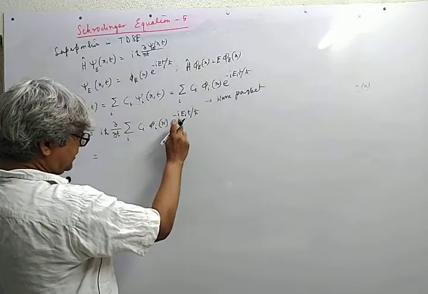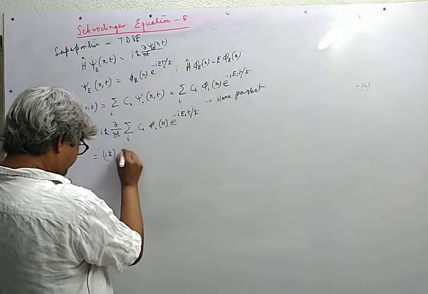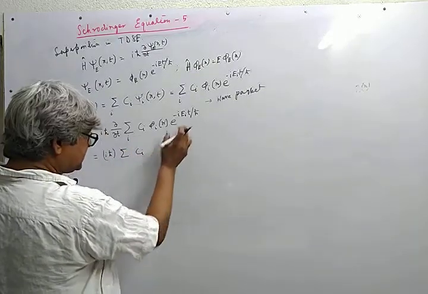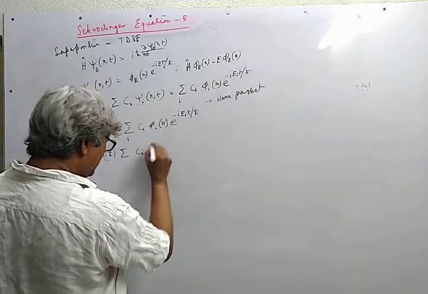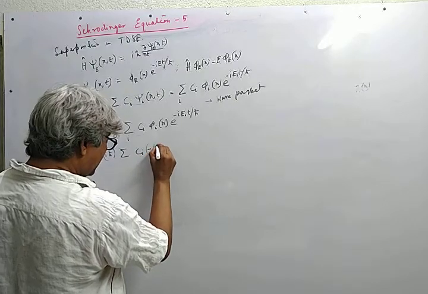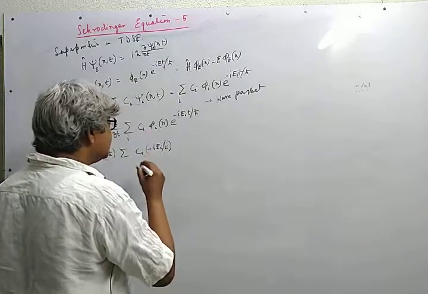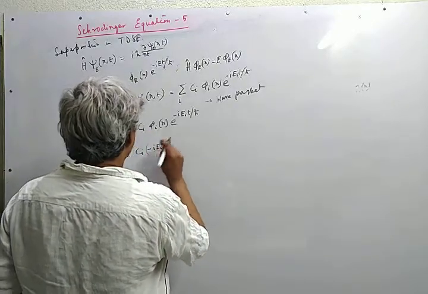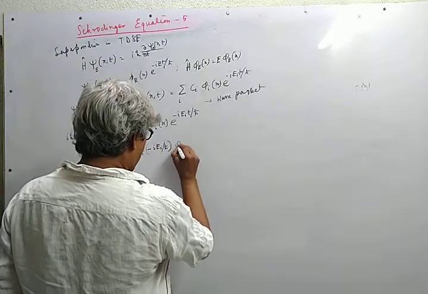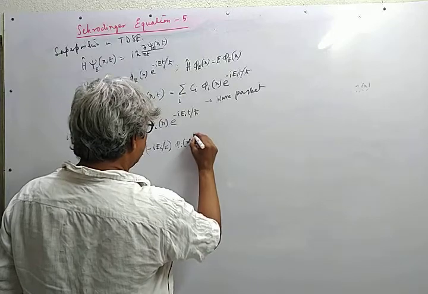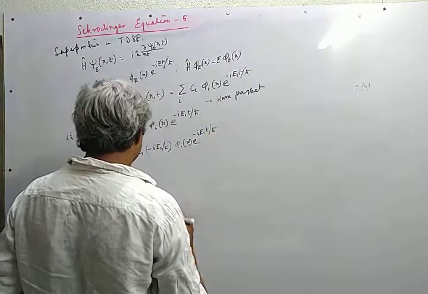When this operates, this is Ci, and what we get back is minus i Ei upon h cross times Ci phi i of x e to the power minus i Ei t upon h cross.